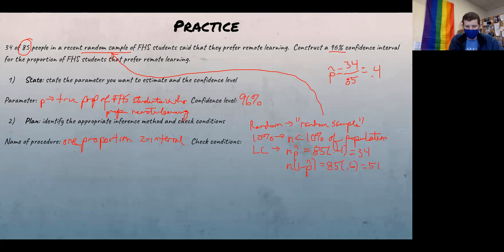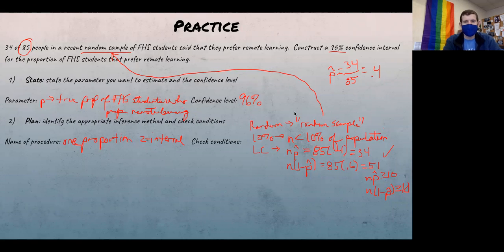Okay, so in this case, we met the large counts condition. Both of those are greater than, maybe I could do this. n times p hat is greater than or equal to 10. n times 1 minus p hat, I've got to be careful here, is greater than or equal to 10. So we met those conditions.